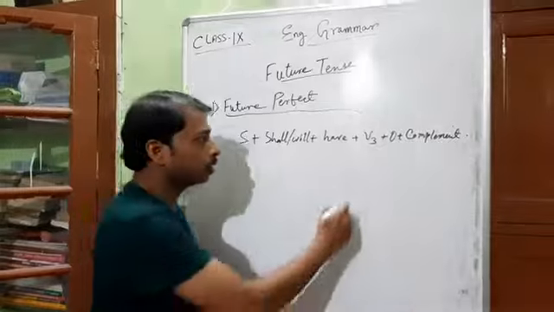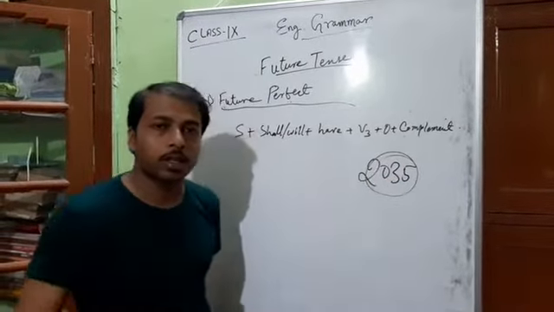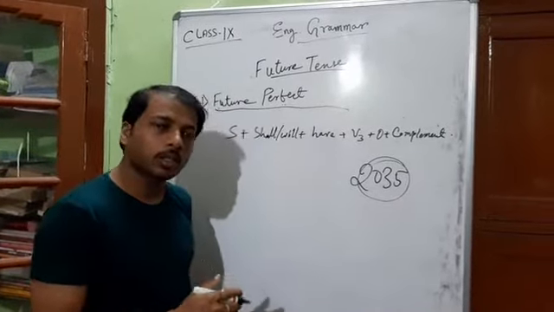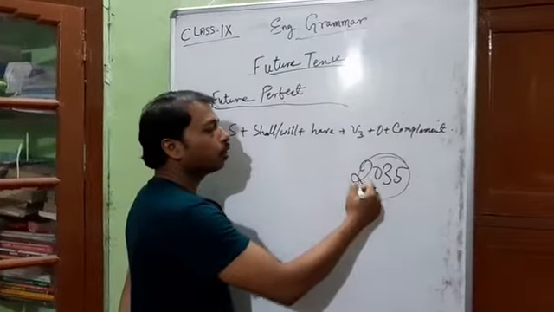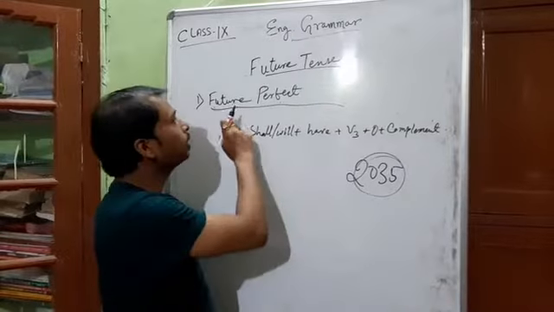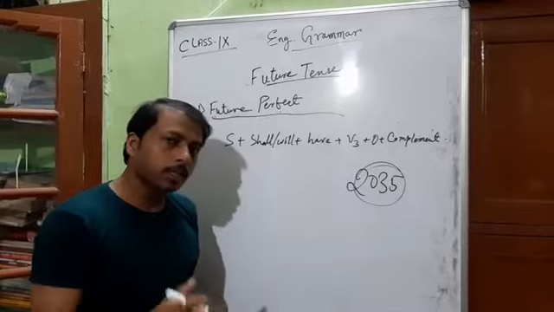Suppose let's take 2035 as a time in future. Now today we are in 2020. Now if we say something that will get over before this time in future, that incident can be regarded as future perfect tense.